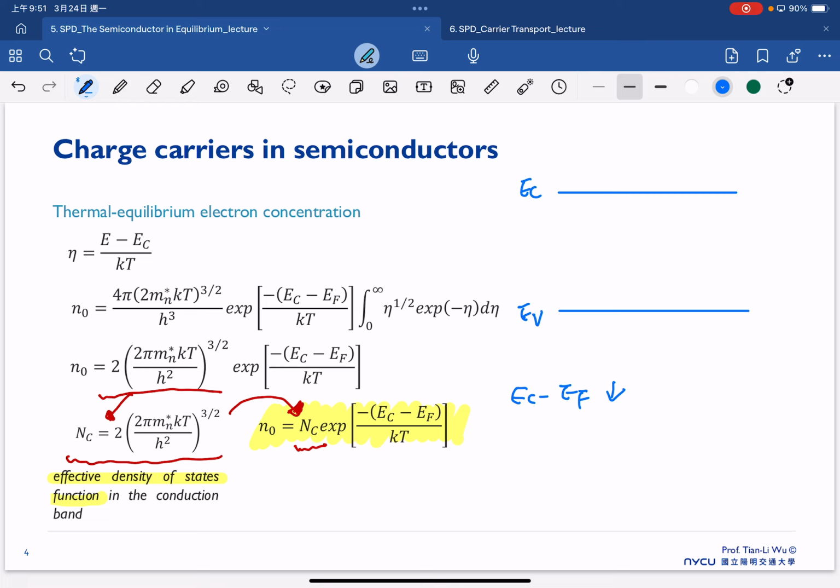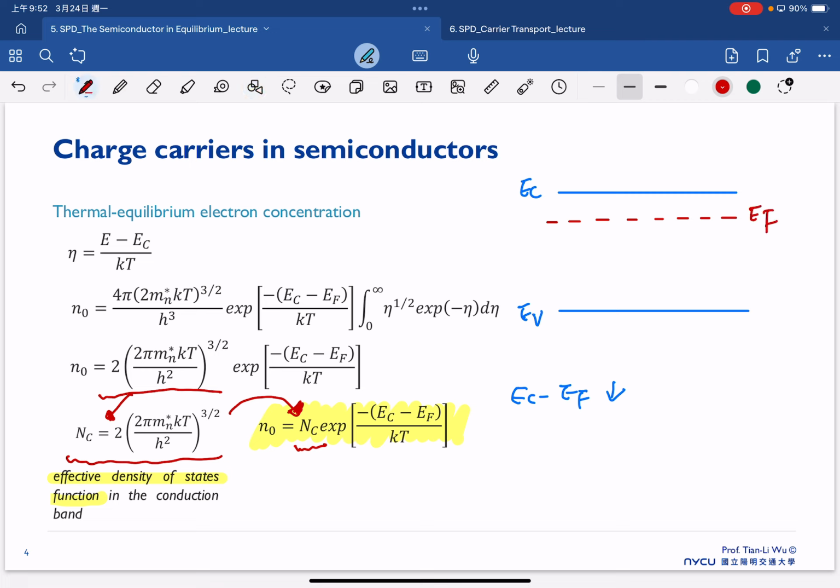If EC minus EF decreases, that suggests our EF is getting close to our EC.